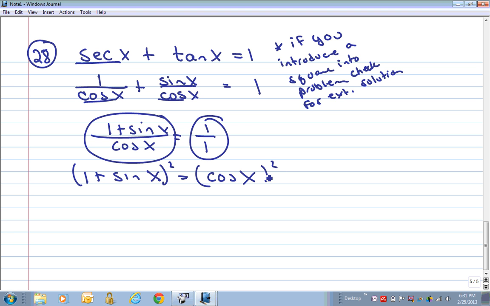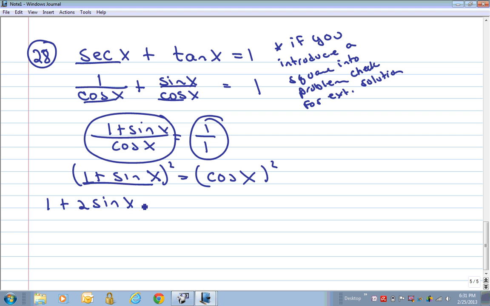All right, this is really good practice for our algebra skills. If we have a binomial and we square it, remember, that is like 1 plus sine x times 1 plus sine x. That's going to end up being a trinomial. The shortcut to squaring a binomial is taking the first term and squaring it, so 1 squared would be 1. Then 2 times 1 times sine x would be positive 2 sine x.